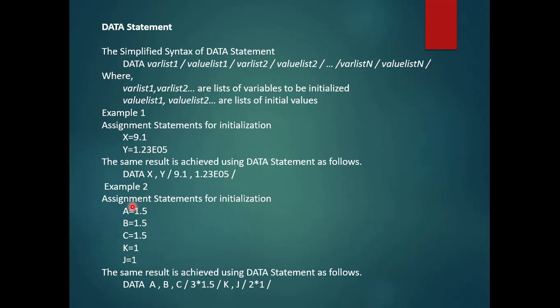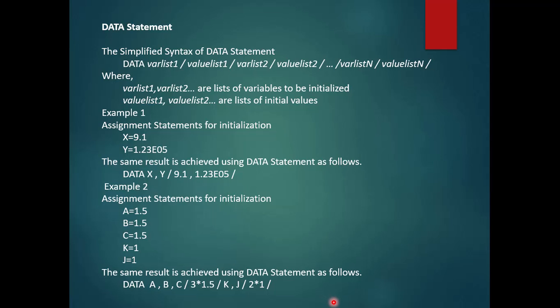Similarly, assignment statements for initialization of a, b, c, k, j like 1.5, 1.5, 1.5, 1, 1 can be written in terms of data a comma b comma c, and since all those three have the same value, I've written 3 times 1.5.